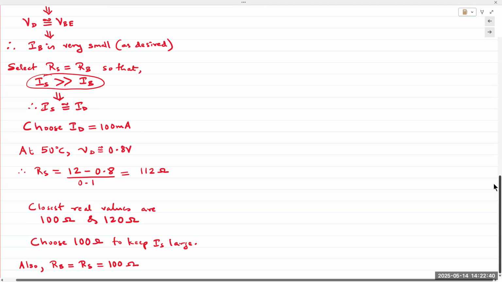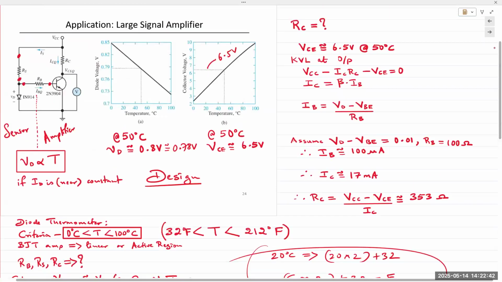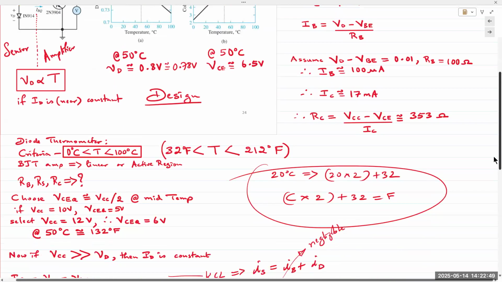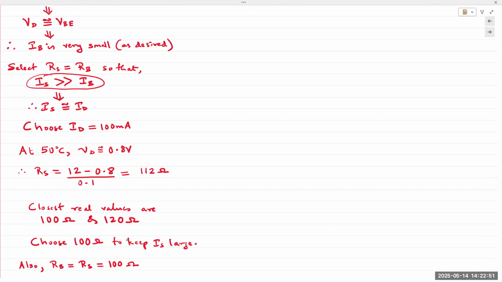From there, we can approximately write VD as, VD is actually 0.78, as I said. For convenience, just for this example, not a real life design obviously, let's choose it as 0.8. If it's 0.8, we get 12 minus 0.8 divided by 0.1, which is 112 ohms. So you can choose RS as 112 ohms.